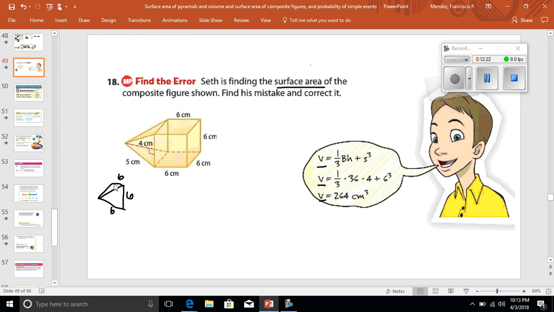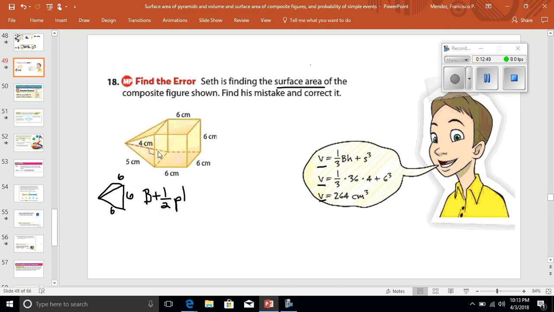And we know that the surface area of a triangle, we can use our formula. And if we remember our formula that we use in class, we have to think about it real clearly now. The formula that we were using in class was base plus 1/2 PL for perimeter and the slant length.